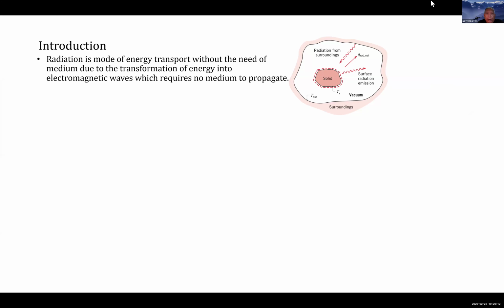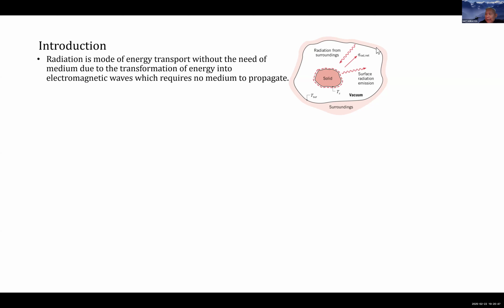Okay, radiation is the last mode of heat transfer. It is energy transport. It does not need a medium to transfer the heat, but it needs surfaces. It needs the surface at the beginning point, meaning a higher temperature surface.